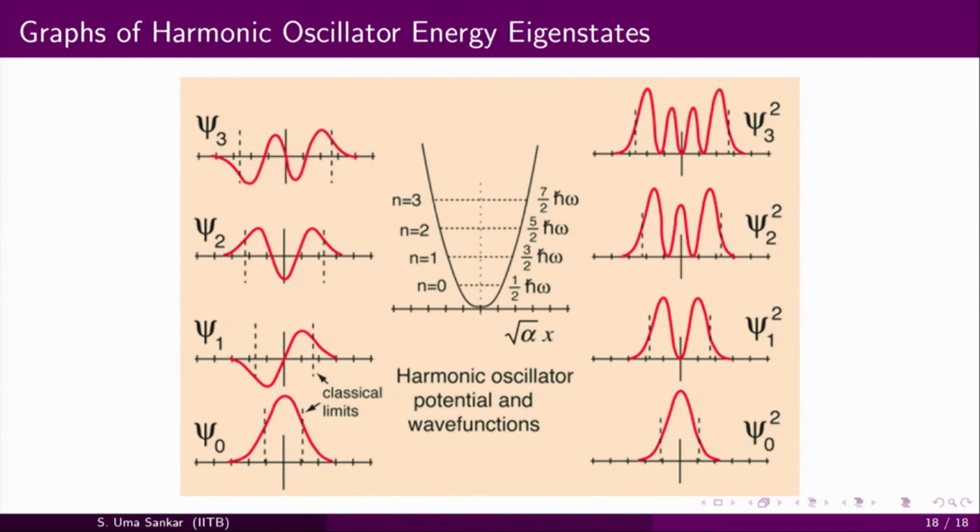More probability at the end points and less probability at the center, and that is what we expect for an oscillator. The oscillator at the end points has very low velocity, so it tends to spend more time at the end points, whereas passing through the equilibrium it has essentially kinetic energy, so it moves very fast through the equilibrium.